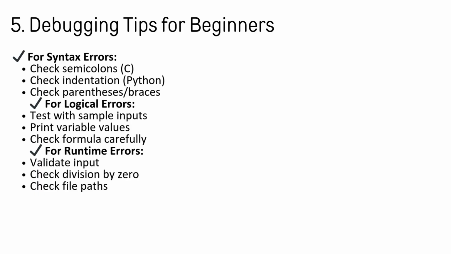For runtime errors, validate input, check for division by 0, check file paths, and also check the data types needed in your program. These are pro tips for beginners, and you should take care of them, otherwise you cannot detect errors.